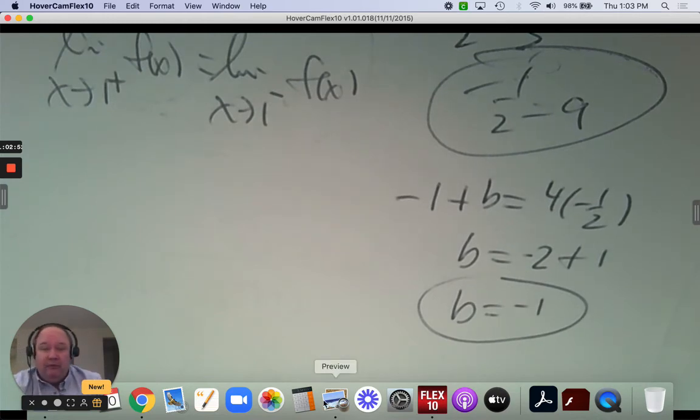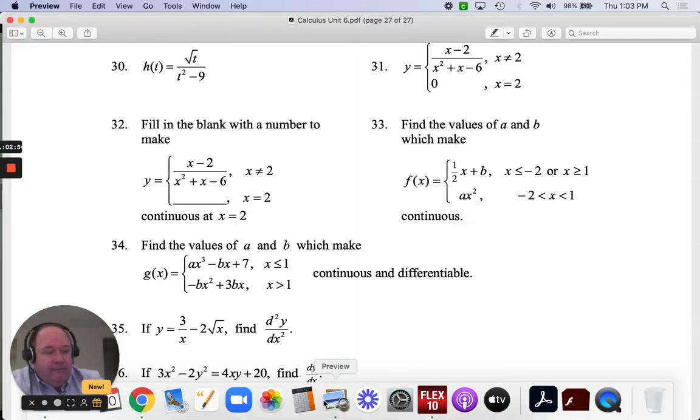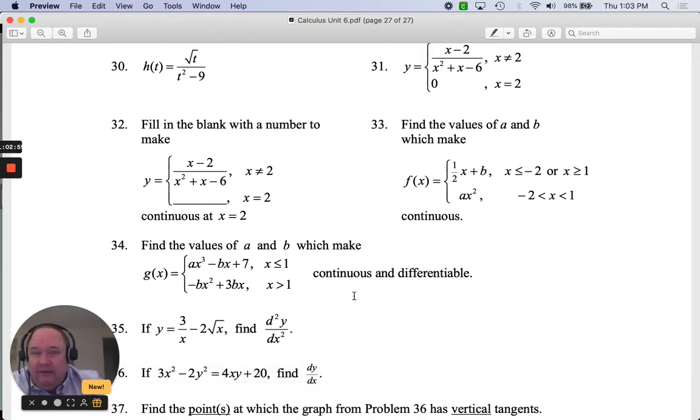All right, number 34. For number 34, find the values which make it continuous and differentiable for a and for b. So first we're going to plug 1 in. So if I plug 1 in, this is what it would look like.